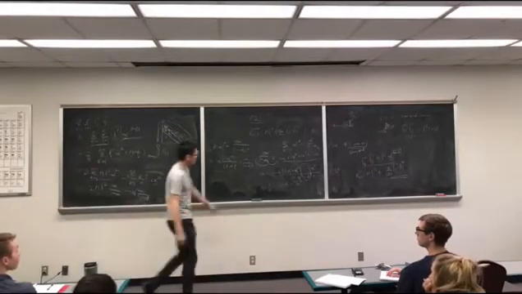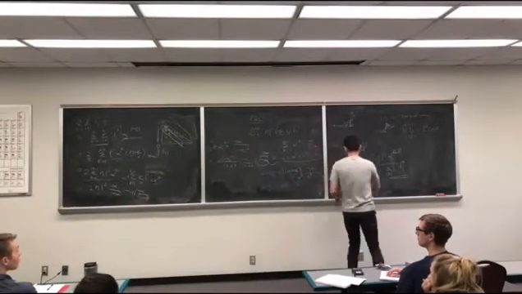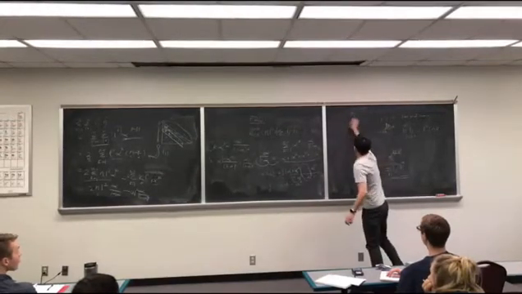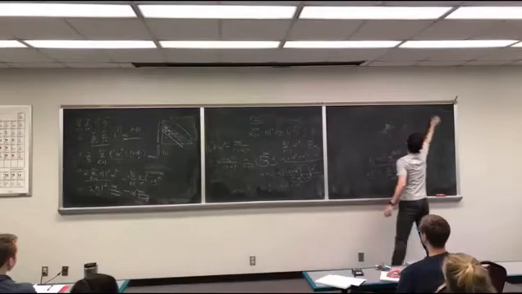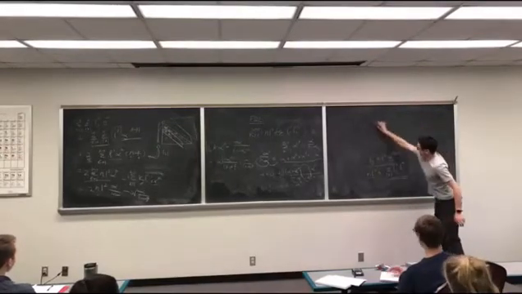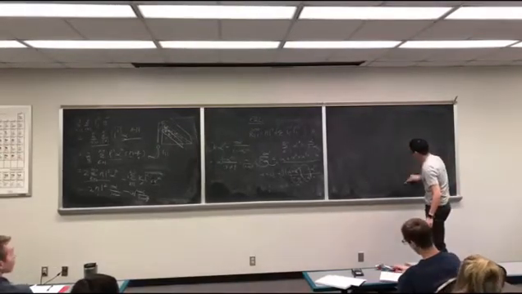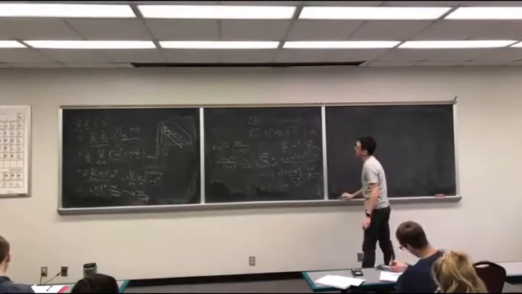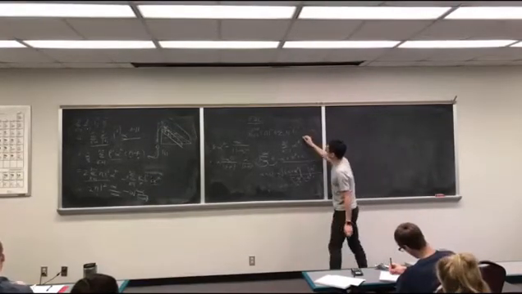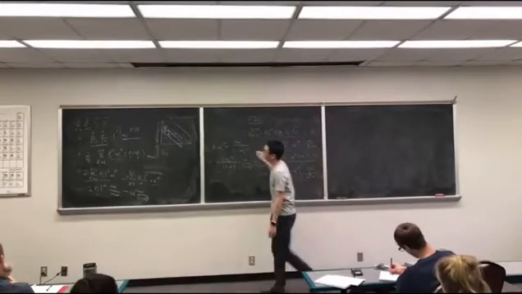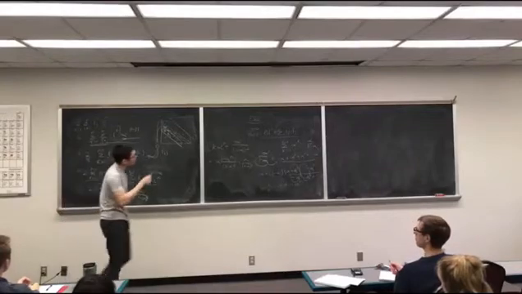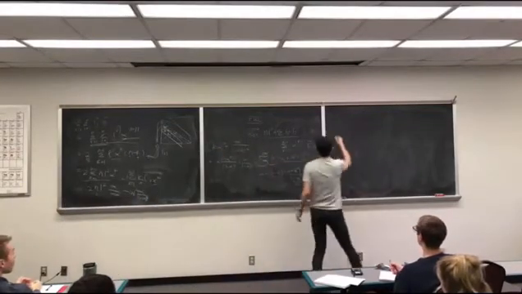Alright, let's enjoy the last cut. We start off with this equation. We come to here and expand them into different terms. So I want to come back to here.